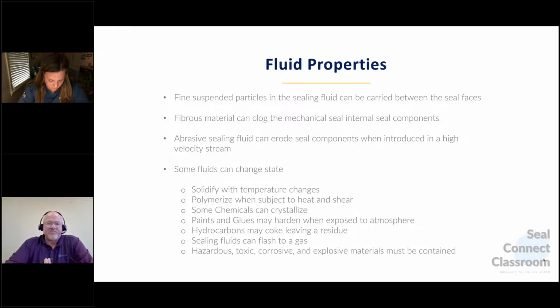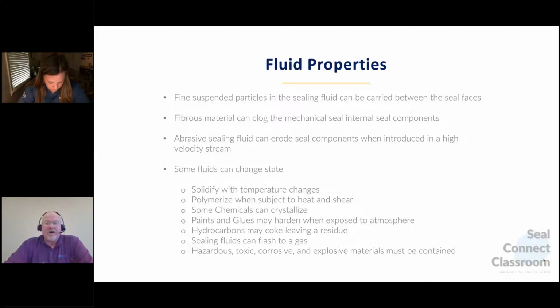Things like vegetable fiber and hydrocarbons can coke on the atmospheric side of the seal and actually cause spring clogging and things like that from the atmospheric side of the seal. And some products will flash to a gas when you generate seal face heat between the faces.